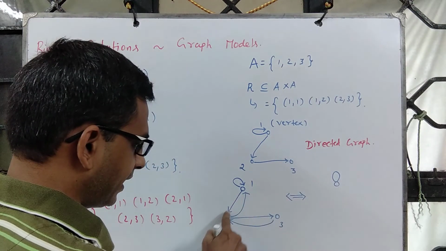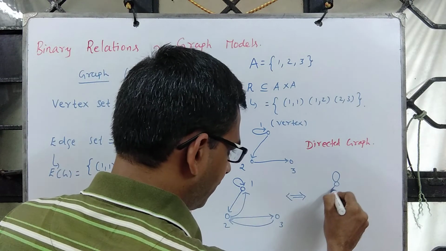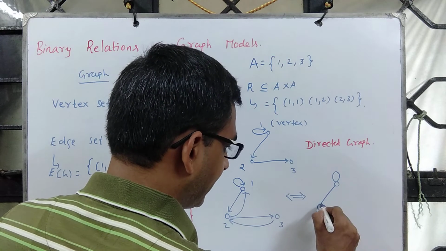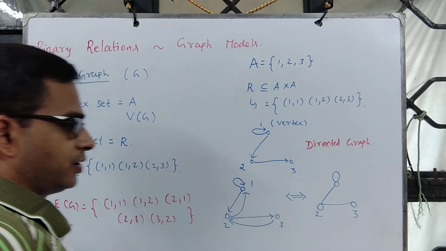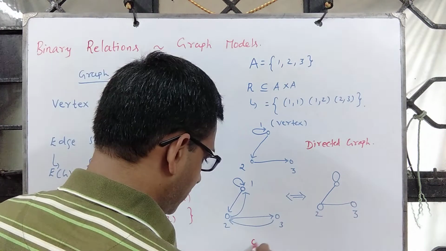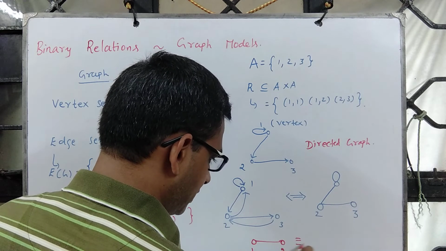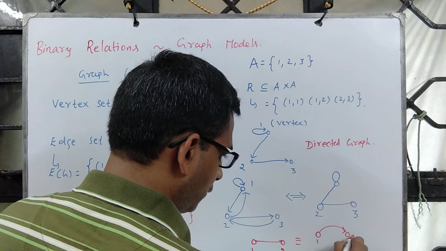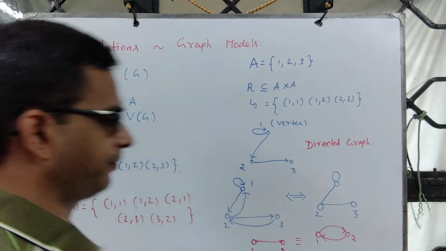Since there is a directed arc from 1 to 2 and 2 to 1, I am dropping the arcs and then drawing an undirected edge. So when I draw like this, say 1 to 2, it means you have a directed arc from 1 to 2 and a directed arc from 2 to 1.